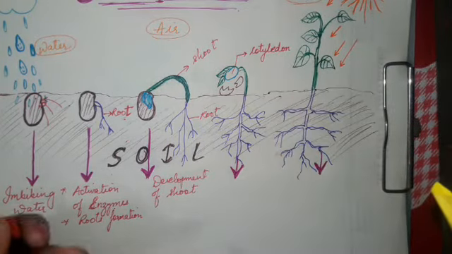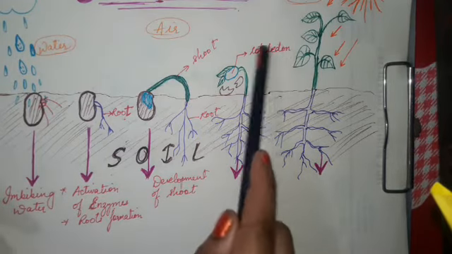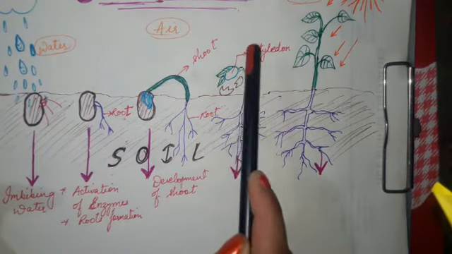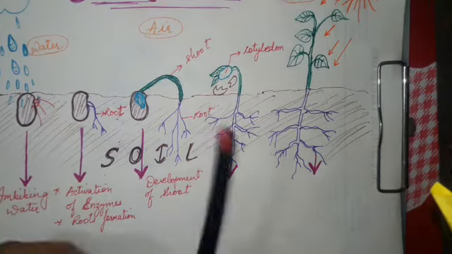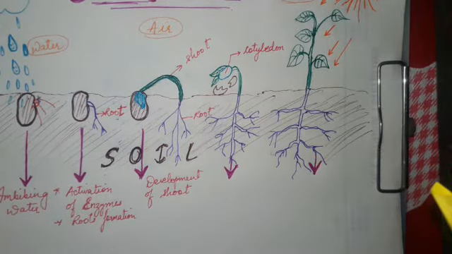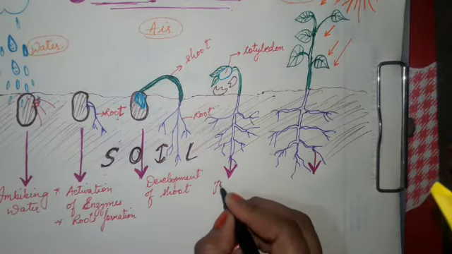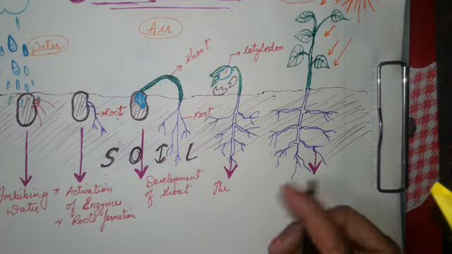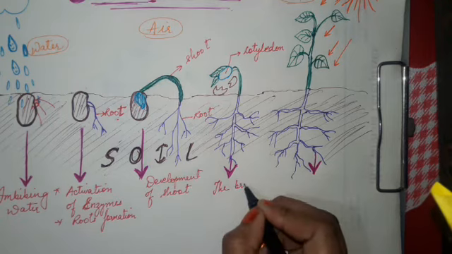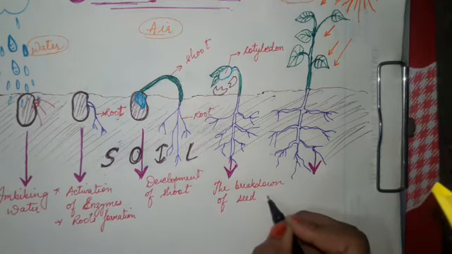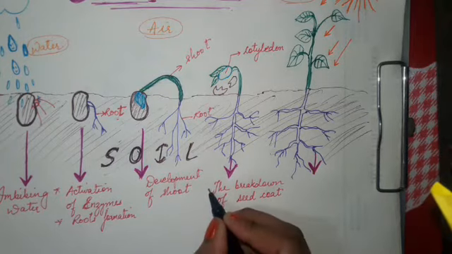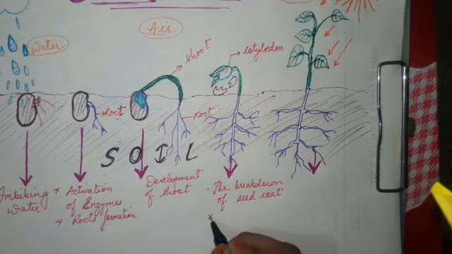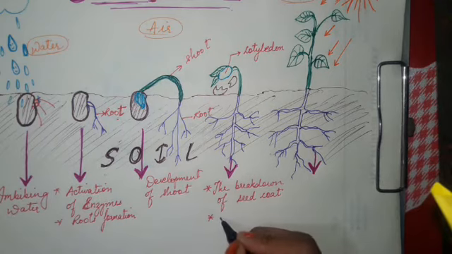This cotyledon, as I told you, is responsible for storing the food for the embryo to produce a new plant. So we will write here, in the fourth step, what is happening? The breakdown of seed coat and the second thing which is happening is the cotyledon.